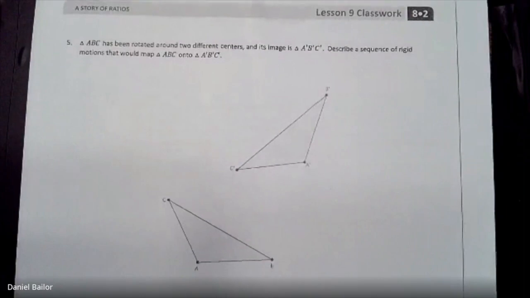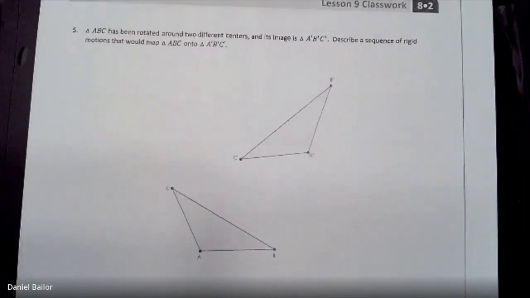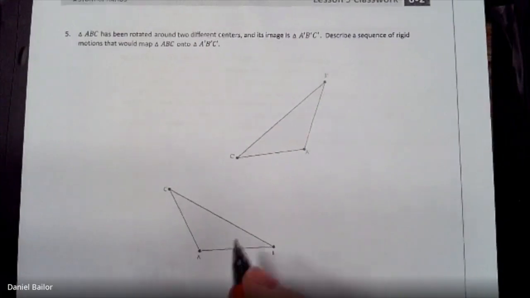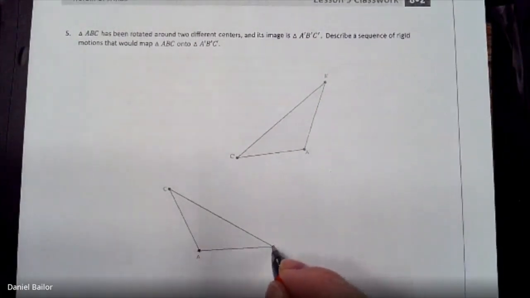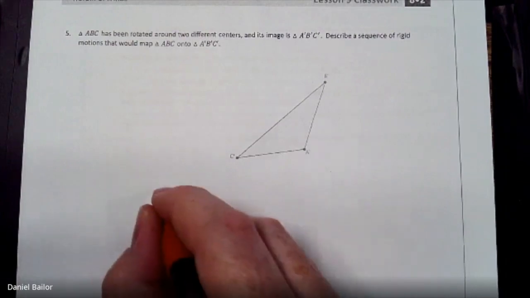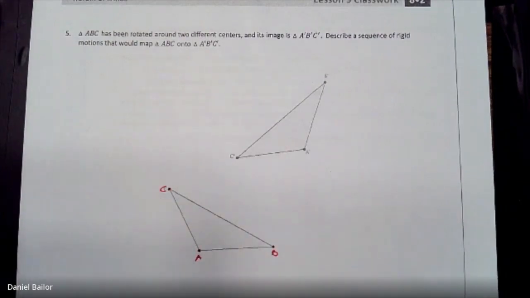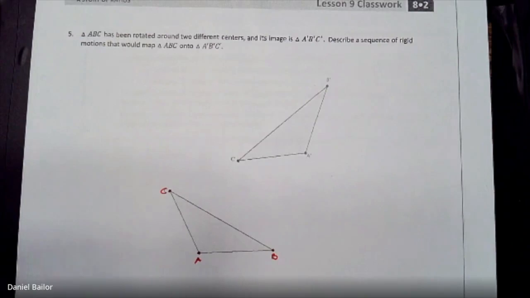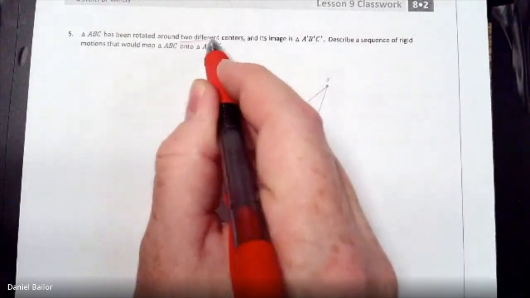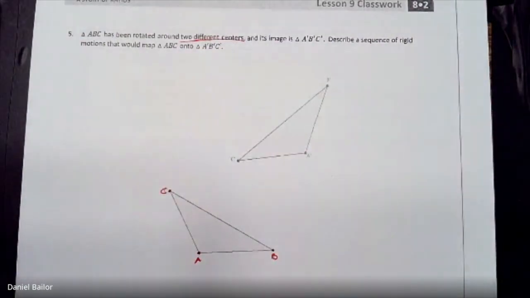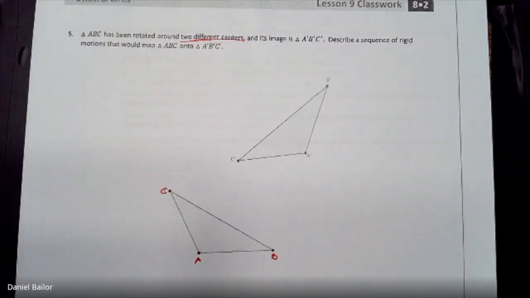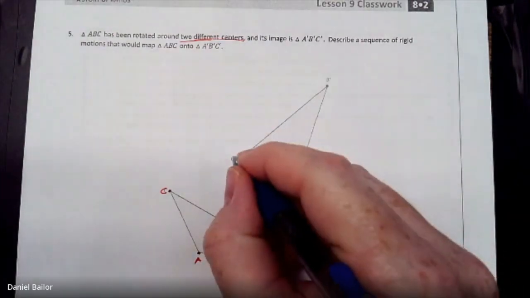If you look at number 5 on page 97, it says triangle ABC, this one right here, the original, has been rotated around 2 different centers, and its image is triangle A prime, B prime, C prime.